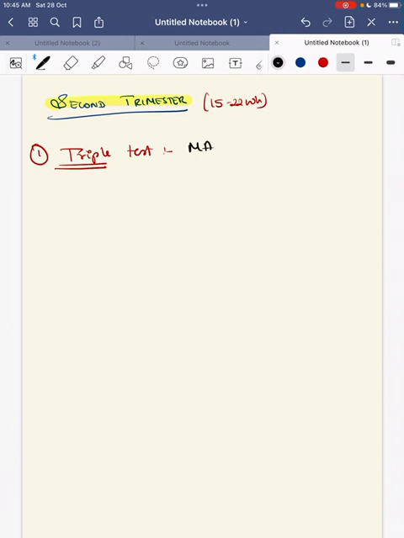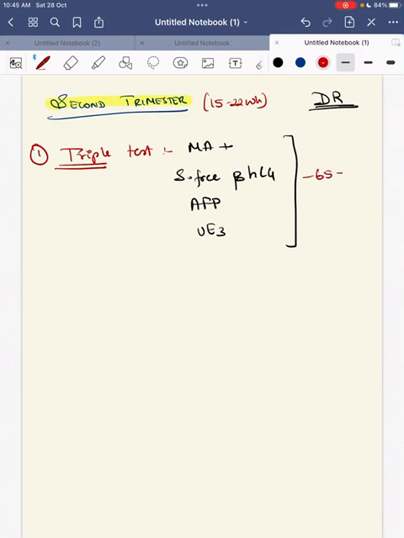In triple marker test, it includes maternal age plus serum free beta HCG, alpha fetoprotein and unconjugated estriol. Okay, this has a detection rate. I'll write the detection rate here. This has a detection rate of around 65 to 70%.